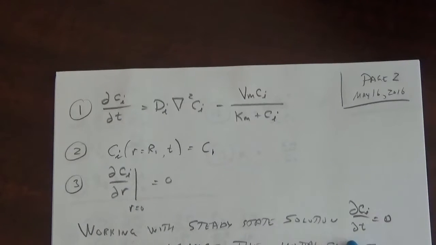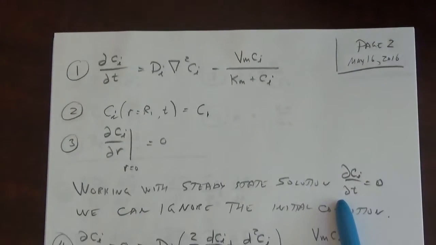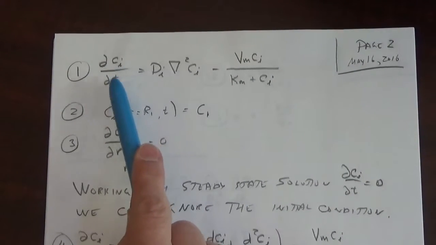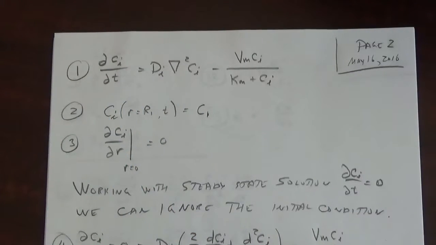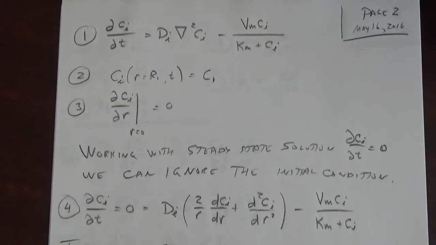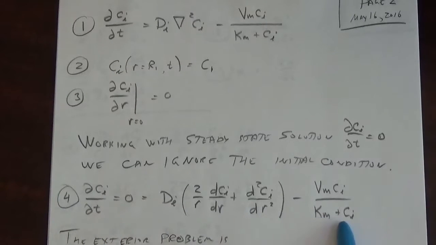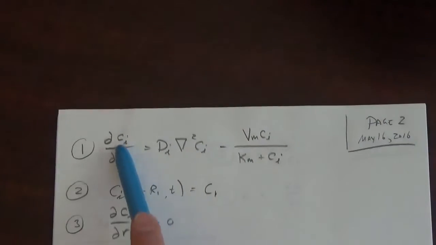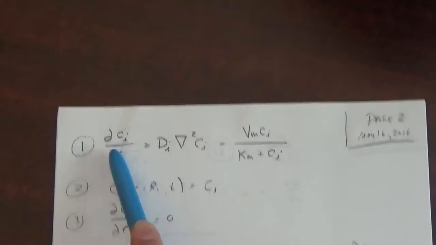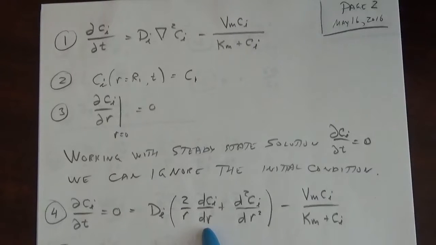And because we're working for the steady state solution, we can take that derivative with respect to time and set it equal to 0, which gives us an expression that looks like this. This is our differential equation. Notice we went from being a partial differential equation to a total differential because we only have one variable now.